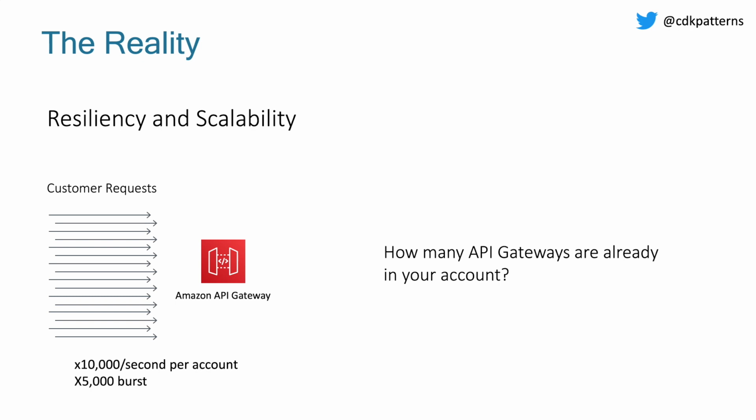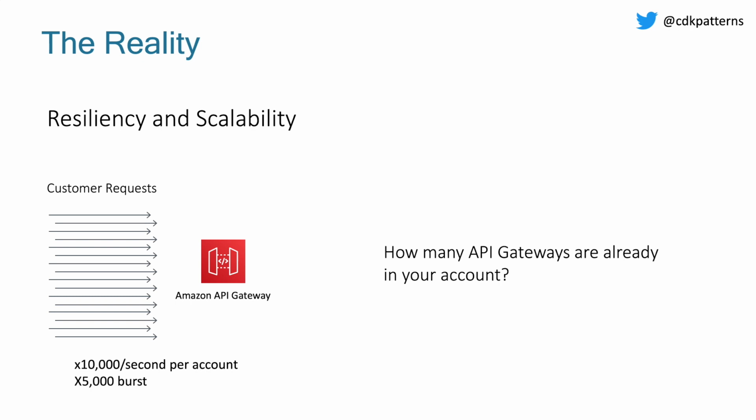And that's why whenever we see here 10,000 requests per second per account, that means that if you have 100 API gateways in this account and each of them get an even amount of requests, you can have 100 requests per second per gateway in that account. It starts to diminish really rapidly.